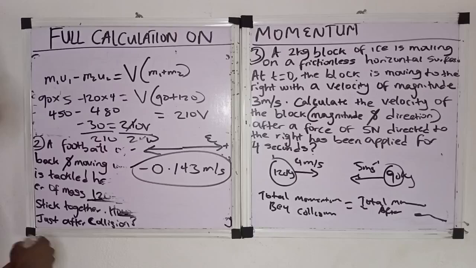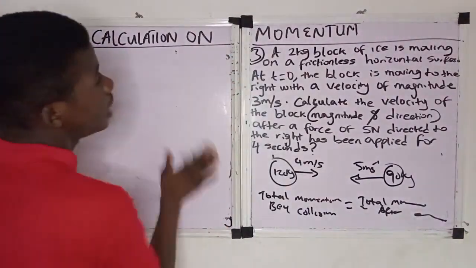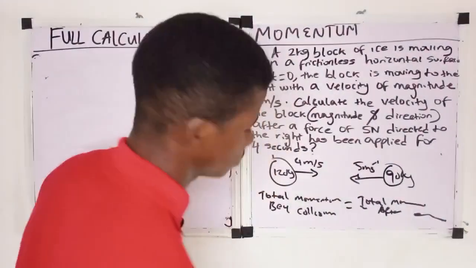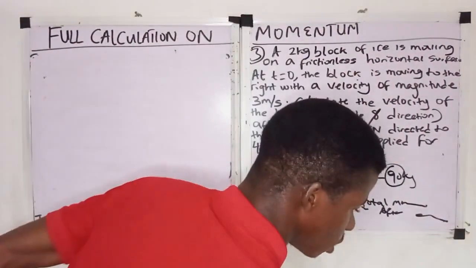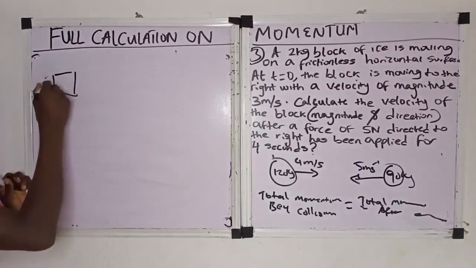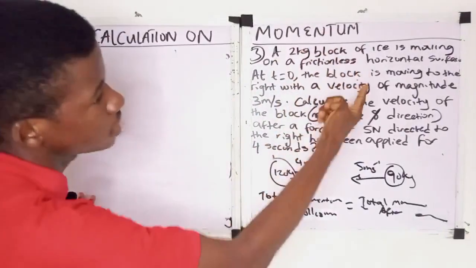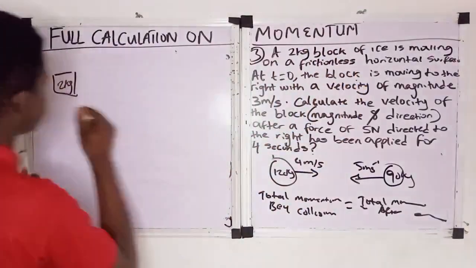Okay, now let's move to question 3. A 2 kg block of ice. Let's say this is the ice, mass 2 kg, moving on a frictionless horizontal surface.